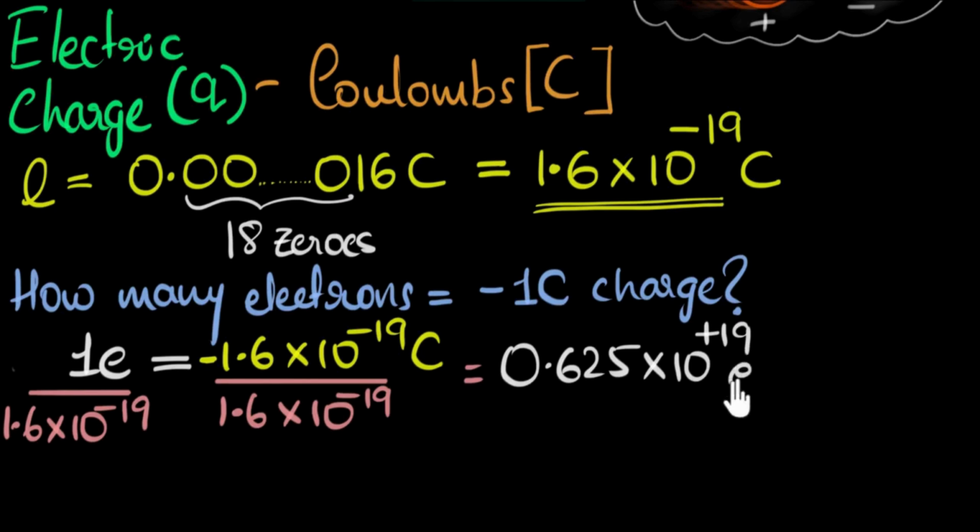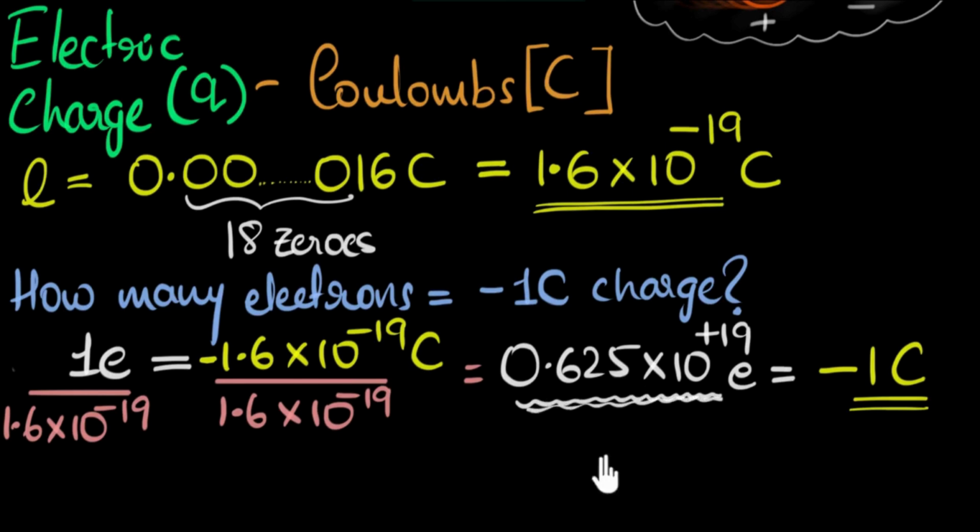And that many electrons is equivalent to now a charge of negative 1 coulomb. So to get 1 coulomb worth of charge, we need so many electrons. And of course, we can also write it in proper notation. It will be 6.25 times 10 to the power 18 electrons. We shifted 1 zero by borrowing a 10.